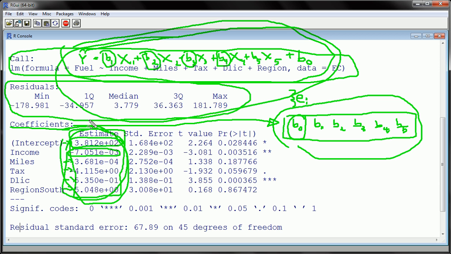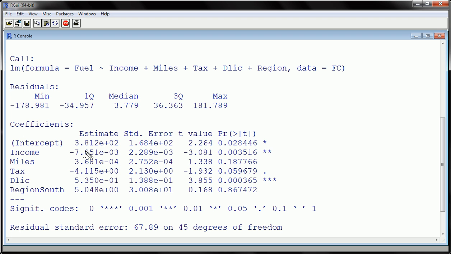Now a word about these coefficients. You see this e plus 02, e minus 03, and so on. This is scientific notation. I'm going to show you how this works with the first one. This is a clean way of writing 3.812 times 10 to the positive 2.